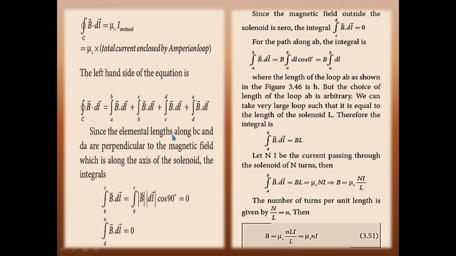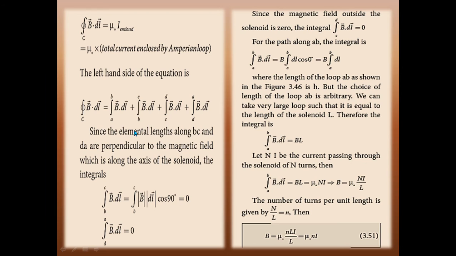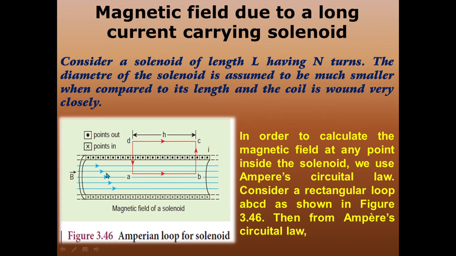Since the elemental lengths along BC and DA are perpendicular to the magnetic field, which is along the axis of the solenoid, the line integral of B to C, B vector dot dl vector, can be written as integration of B to C, modulus of B vector into modulus of dl vector cos 90 degree, because the direction along B to C and D to A is perpendicular to the direction of the magnetic field.